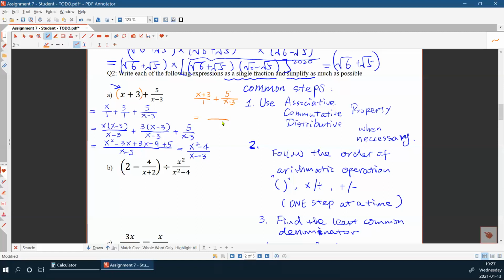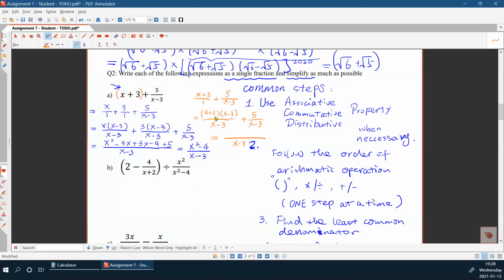And then if you rewrite the first term using x minus 3 as denominator, what is the numerator now? X plus 3 times x minus 3, right? So just copy the second term because it already has a common denominator. So what's the next step? Because both of them are using a common denominator, so you can add them up, right? Denominator is x minus 3.